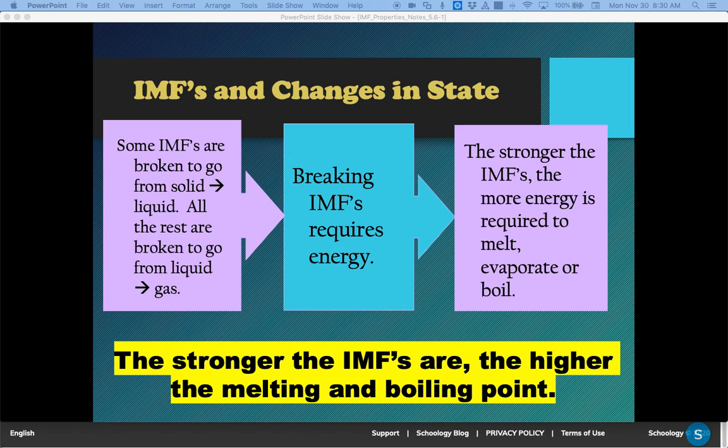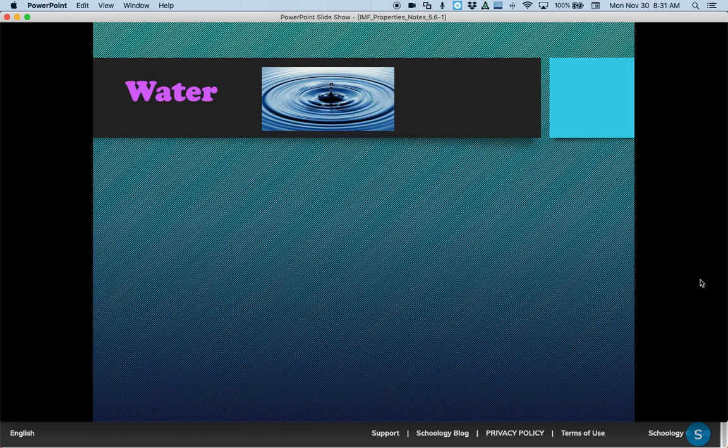Well, you had to pull those things apart. So the stronger the IMF, the more it sticks together, and the more it sticks together, the more energy it takes to pull it apart. That last highlighted statement is really the thing you need to know: the stronger the IMFs are, the higher the melting and boiling points are going to be.